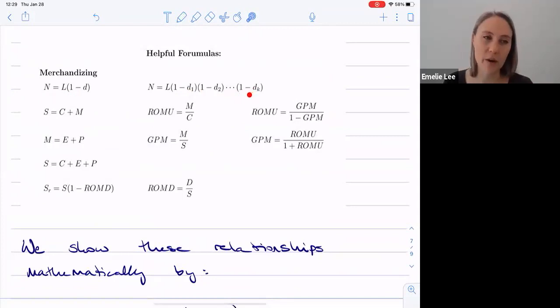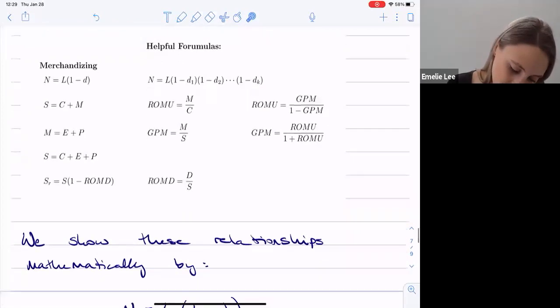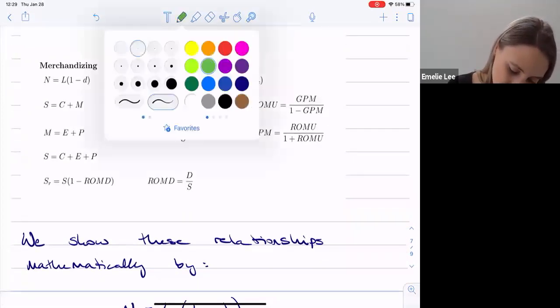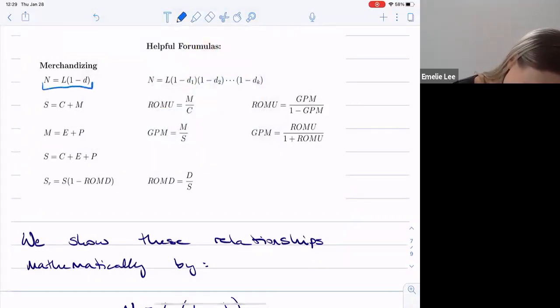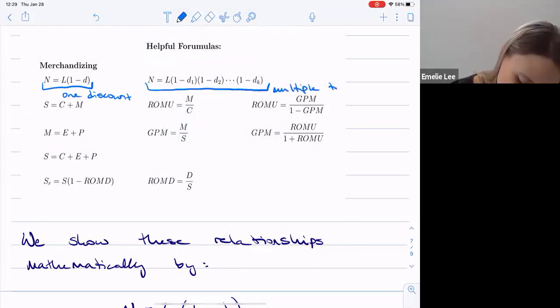We use subscripts to denote multiple discounts. So here, just to make a little note, this is if there's one discount, and this is if there are multiple trade discounts.